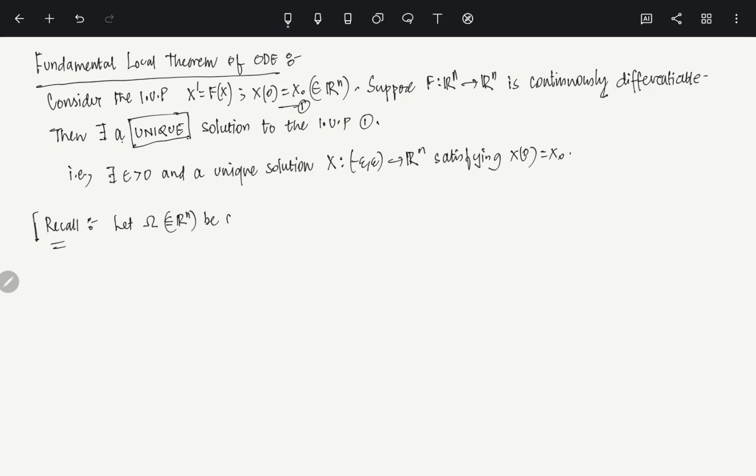be an open set. So I am looking for an open set. A function capital F from omega subset of Rn to Rn, clear? is said to be Lipschitz continuous.